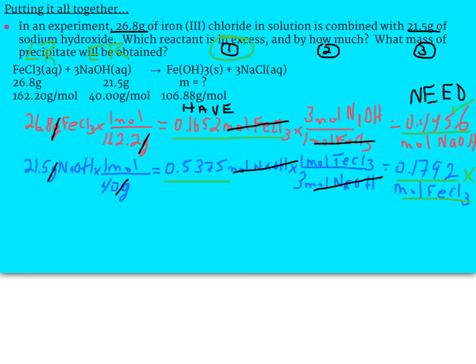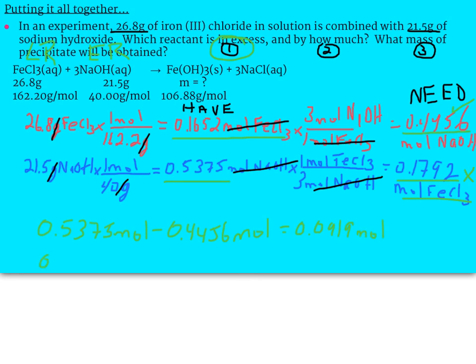Now I can figure out by how much. So my excess reactant is my NaOH, and I know that I had 0.5375 moles of NaOH. I know that I am going to need 0.4456 moles of NaOH, which means left over I'm going to have 0.0919 moles.